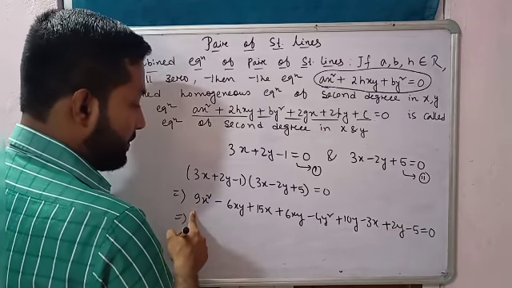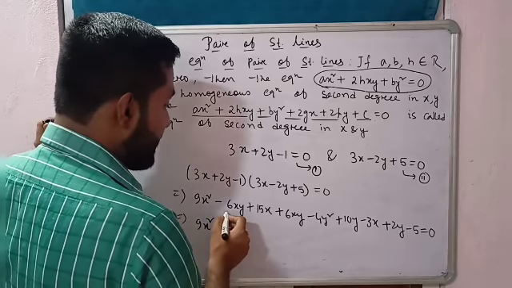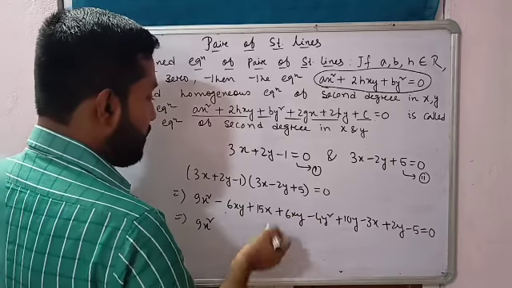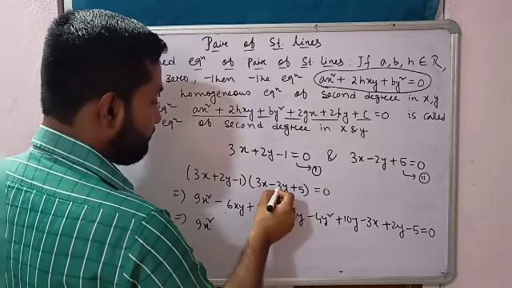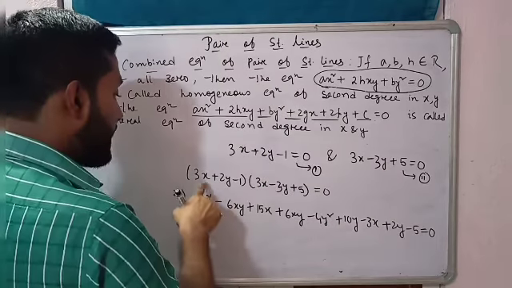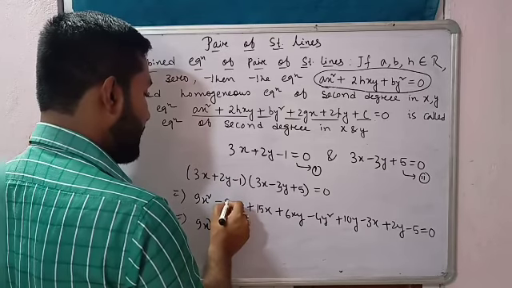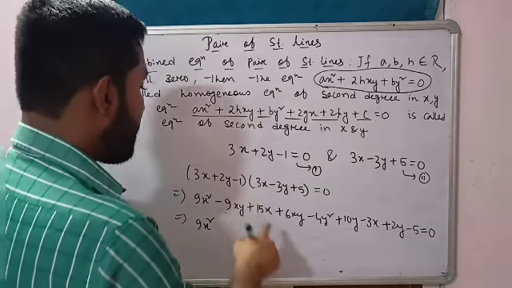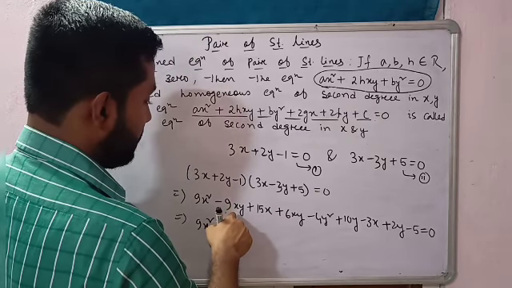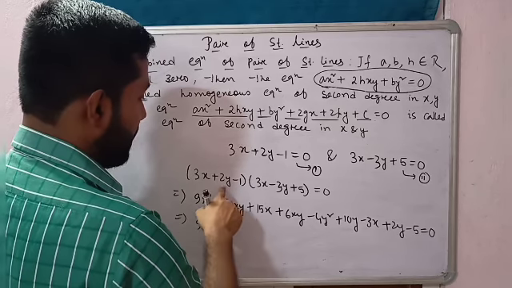So 9x square plus 6xy minus 6xy cancel हो जाएगा बेटा. We can do one thing. Here I have taken 3x minus 3y. Okay, let me take 3x minus 3y. तो फिर ये क्या हो जाएगा, फिर से चेंज करना पड़ेगा. 9x square, then this will be 9xy, right? 9xy और ये माइनस it will be 6xy.